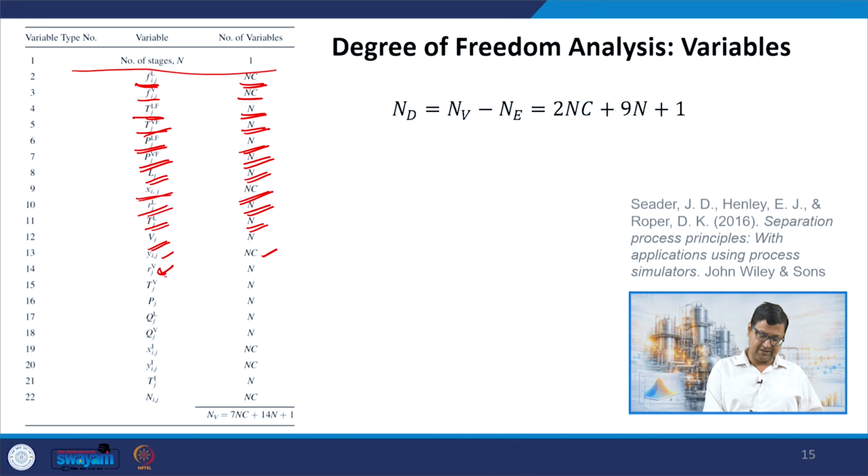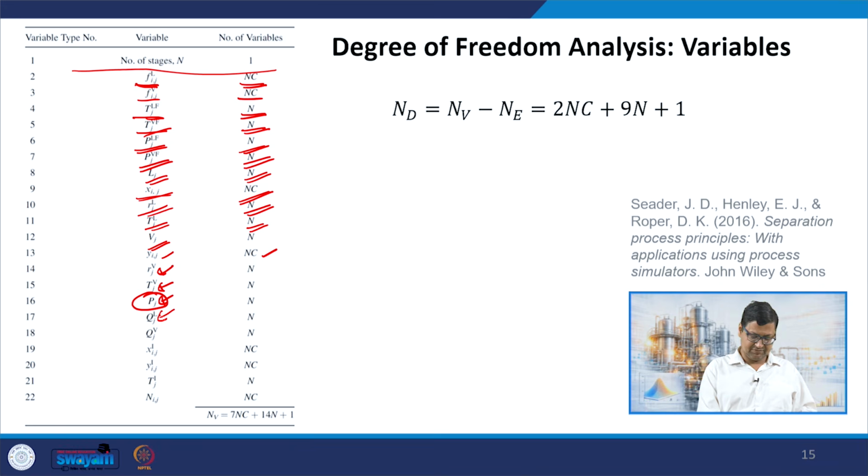Then we can define the ratio of the vapor side stream to the main stream. Then we can define the temperature of the vapor in stage J, and then the pressure of stage J, we are assuming mechanical equilibrium. So, we assume that the pressure is the same in the liquid and vapor. So, I am considering pressure together for a stage J, that is my stage pressure.